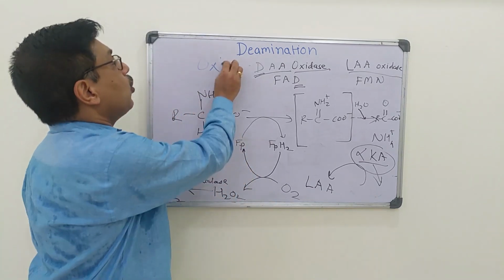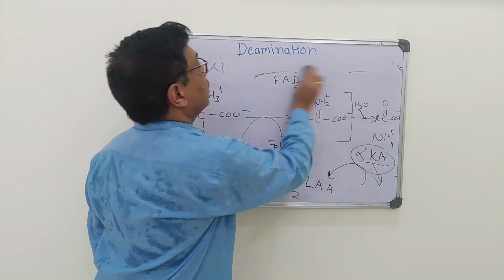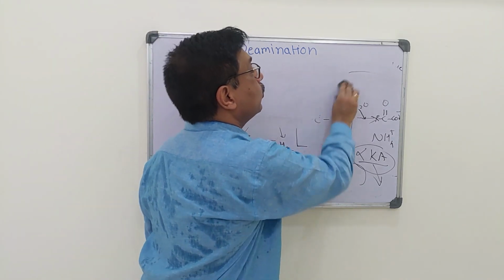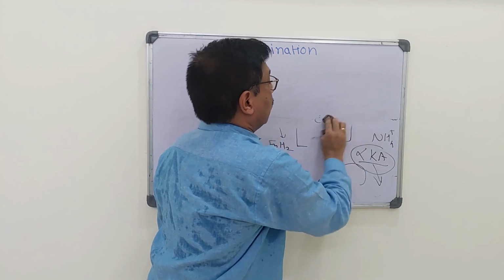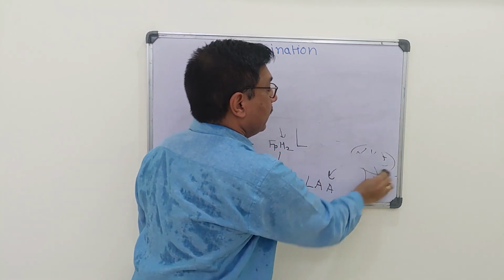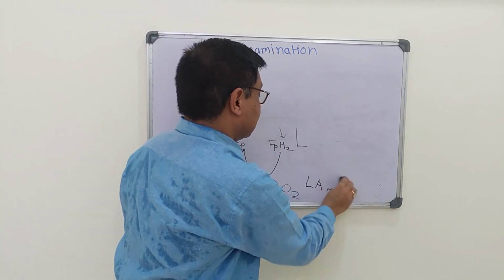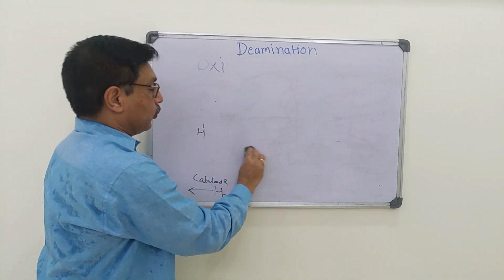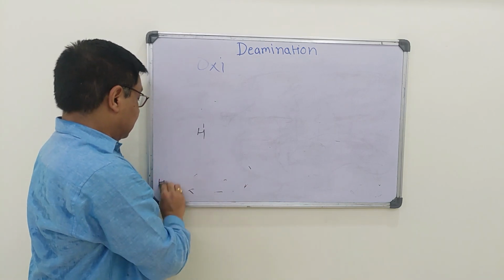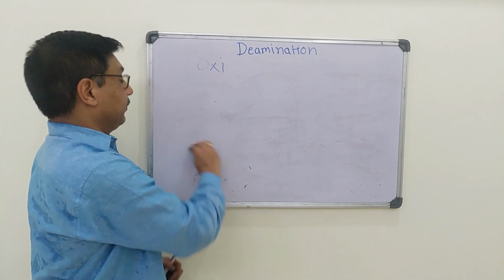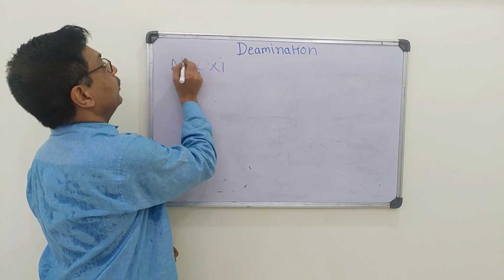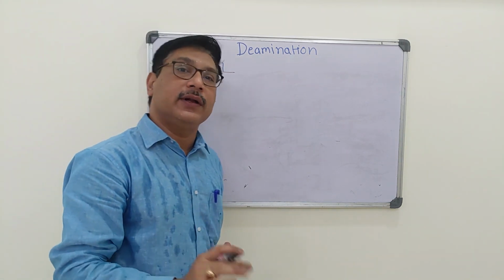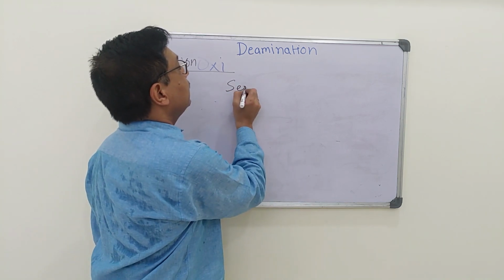Let us see non-oxidative deamination. What is non-oxidative deamination? The deamination that goes on without oxidation. Amino acids which contain a hydroxy group or sulfur group undergo this non-oxidative deamination. We can see this in hydroxy amino acids like serine and threonine.